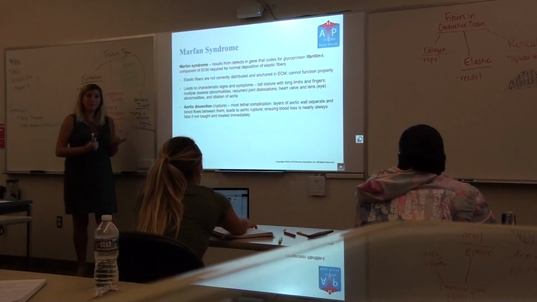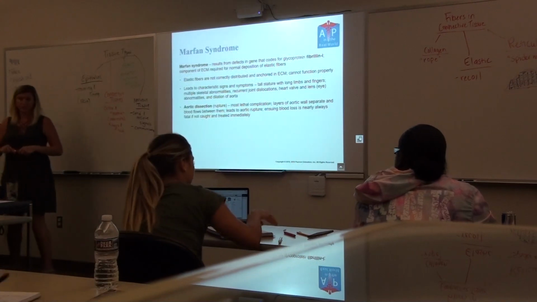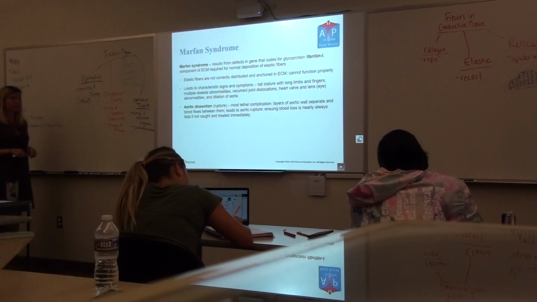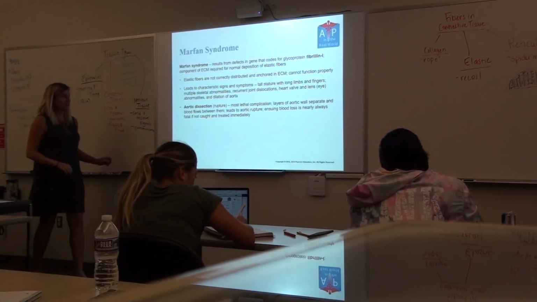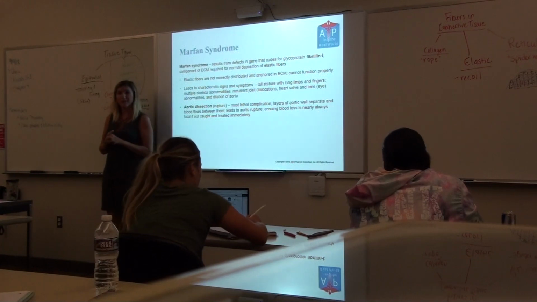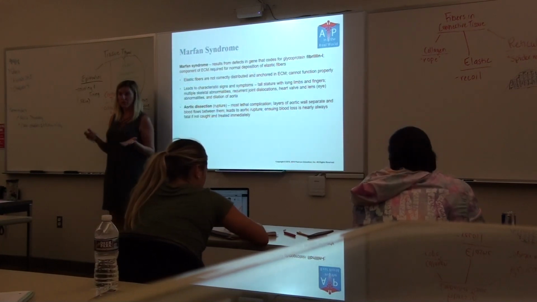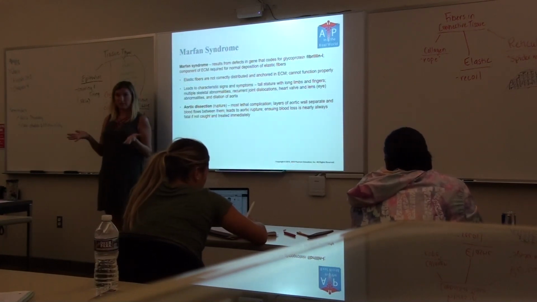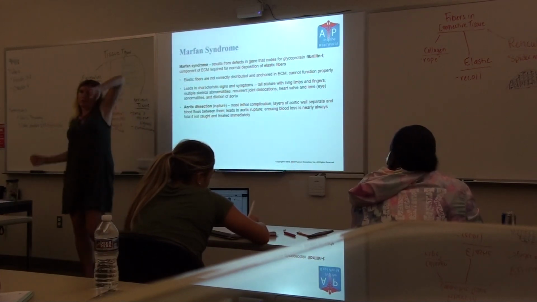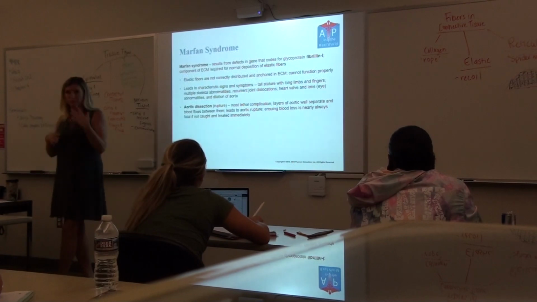So there is a disorder called Marfan Syndrome. And it's actually a disorder that affects your connective tissue, and specifically the elastic and collagen that's in your body. And so what ends up happening with individuals with Marfan syndrome is they're very flexible. They tend to be like double jointed. Have you ever seen these people that can wrap their arms around their neck and do all these weird things?